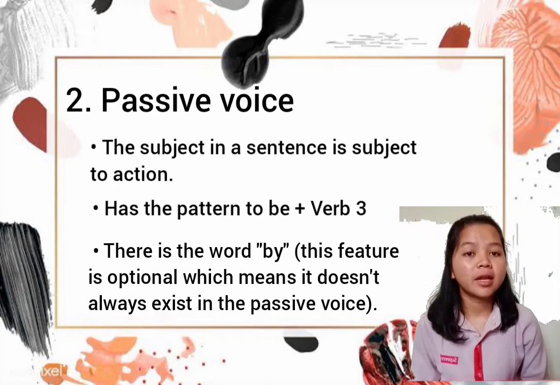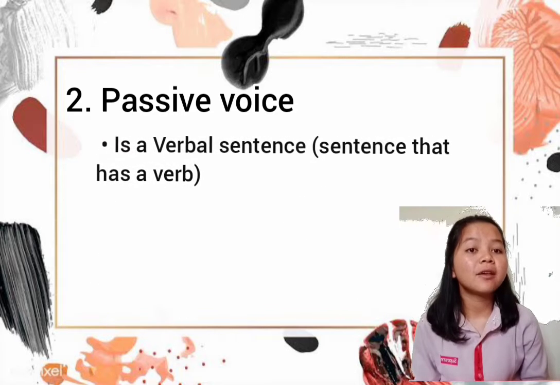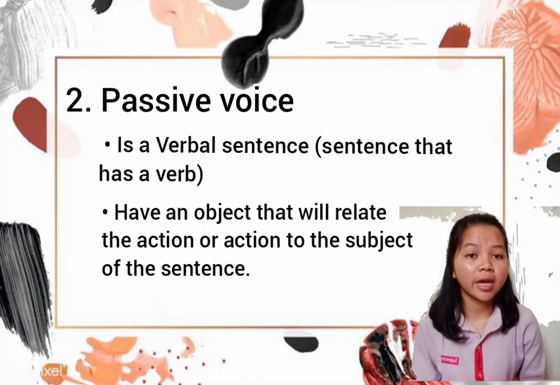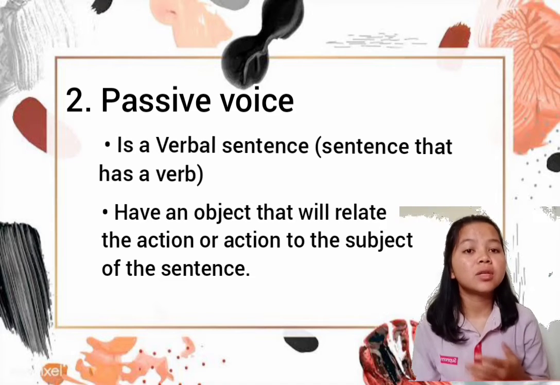The next characteristic is a verbal sentence, or a sentence that has a verb. And for the last, it has an object that will relate the action to the subject of the sentence.